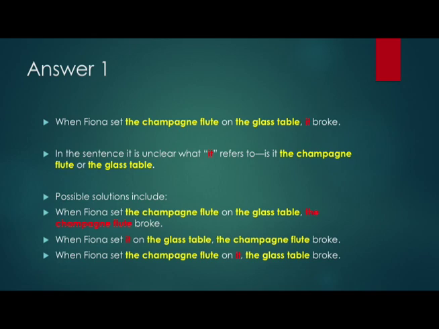Okay. Now, in this sentence, it's even more of a problem because it's unclear whether it refers to the champagne flute or the glass table. Either one of them could potentially break. So here are some possible solutions. When Fiona set the champagne flute on the glass table, the champagne flute broke.